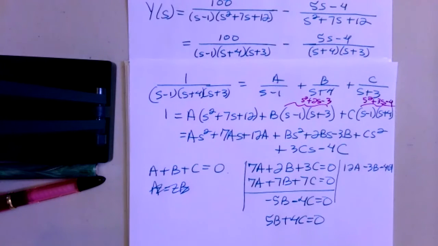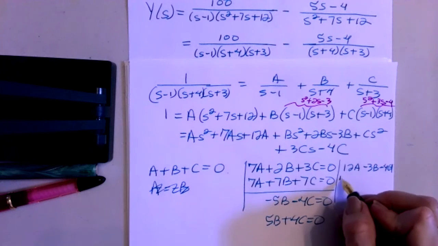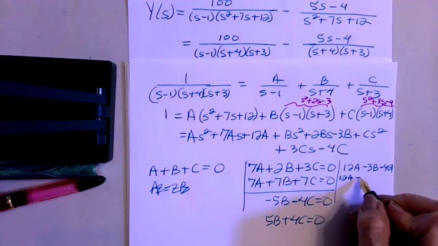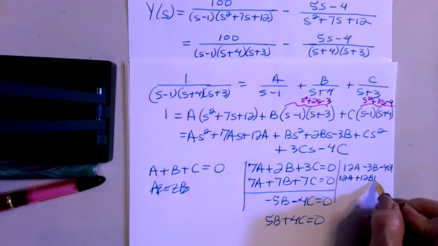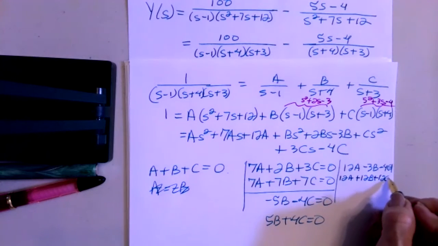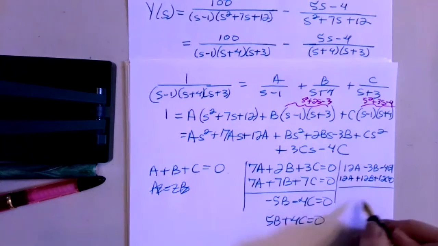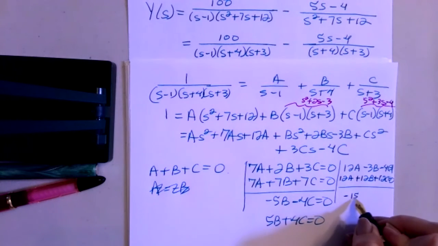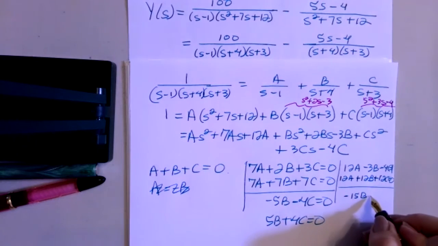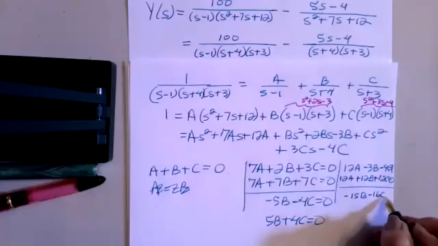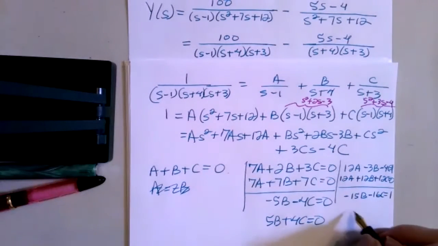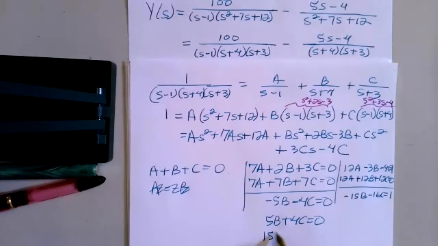And another way to do this one, I want to get rid of A, so I'll multiply this equation by 12 and then subtract. And when I subtract, I will get minus 15B minus 16C equals 1. So that says 15B plus 16C equals 1.